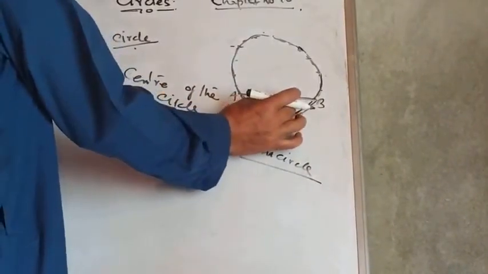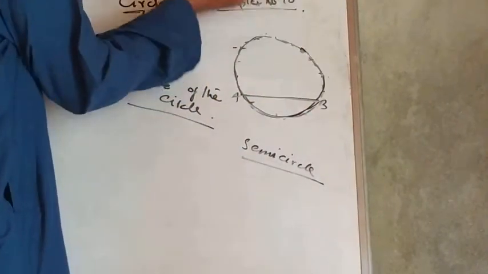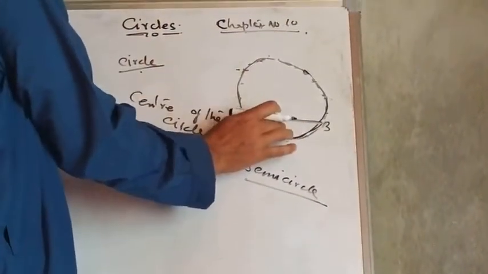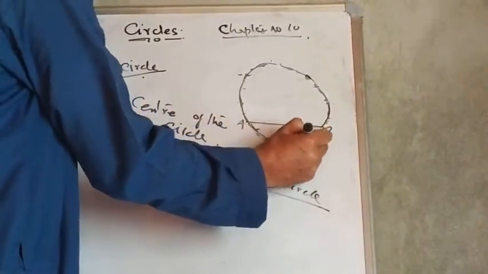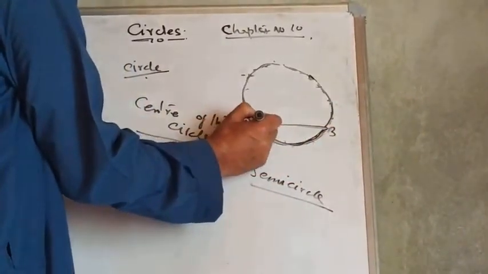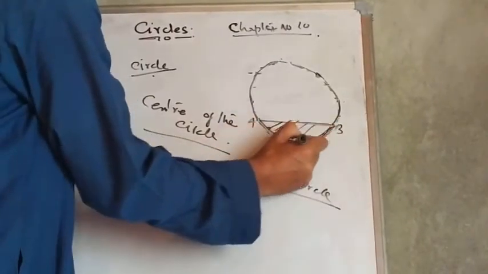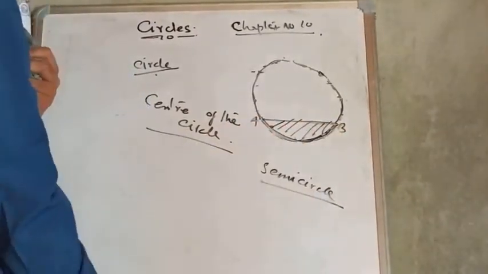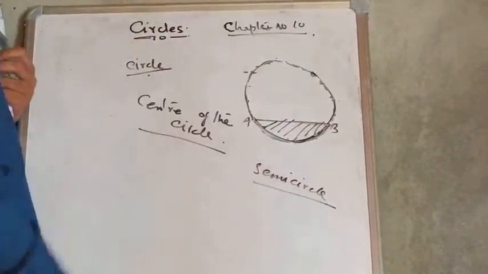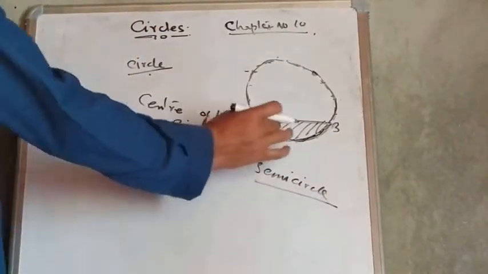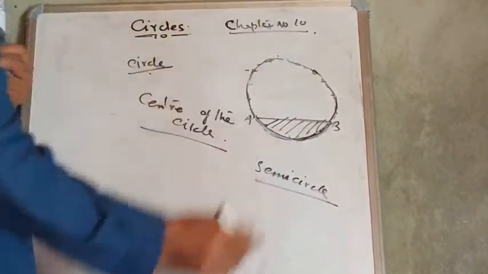One is a smaller part and the other part is much bigger than this. This portion is called the minor segment, and the remaining portion is called the major segment.